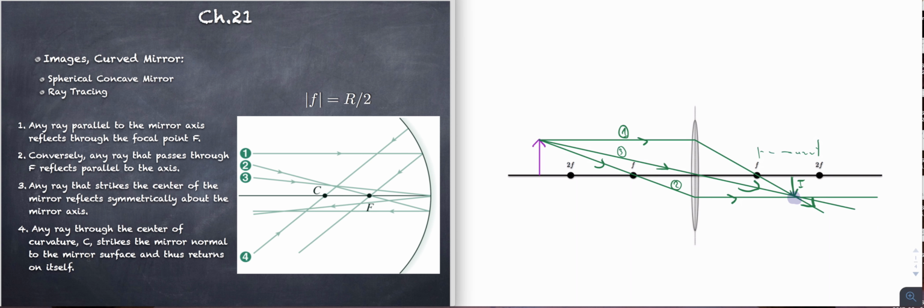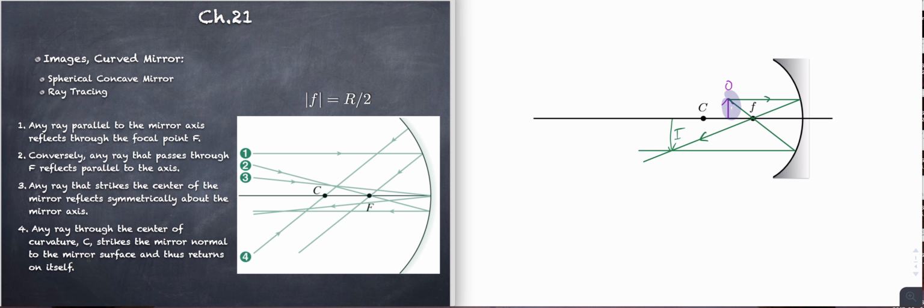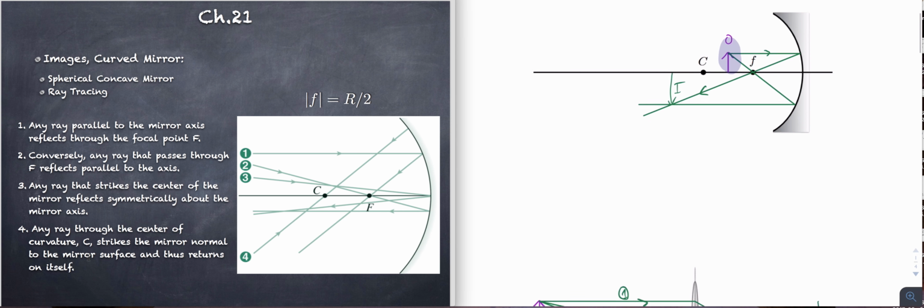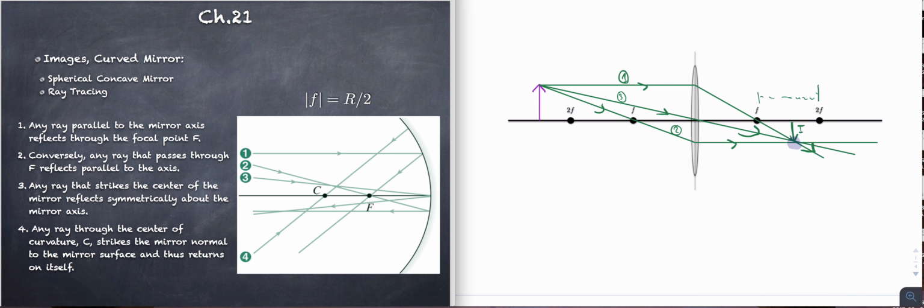So we could start asking questions using our lenses, and we can do the same thing as we did up here, which is place the object in a certain location and look at where the image is forming. What was the image, real, inverted? In this example, the image is inverted.